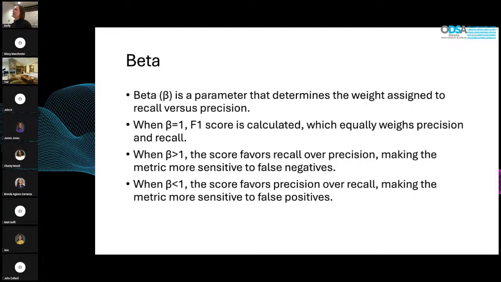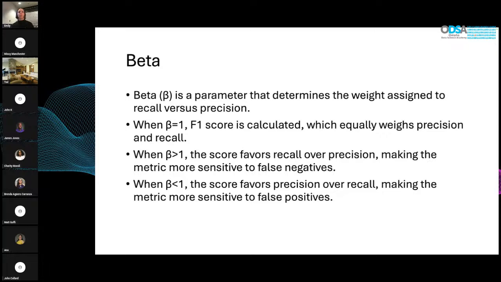So again, let me try to look at my screen when I talk to you guys. There we are. So beta, when we say what is beta, that's those numbers I was plugging in. Remember, I plugged in 1, I plugged in 0.5, I plugged in 2. That's what the beta is.